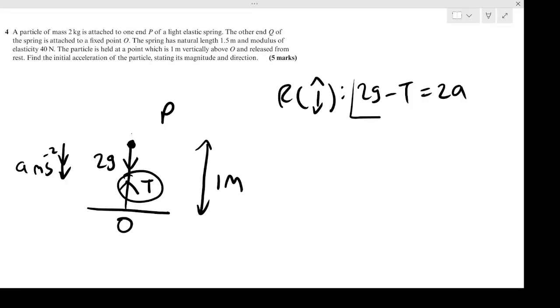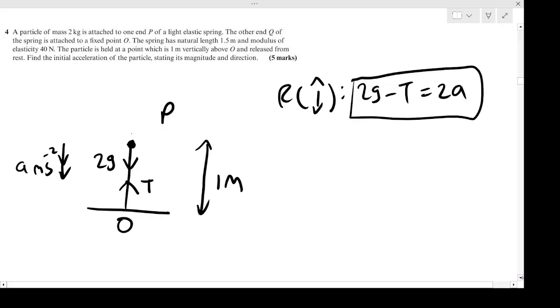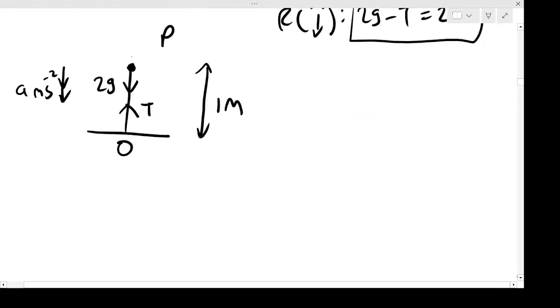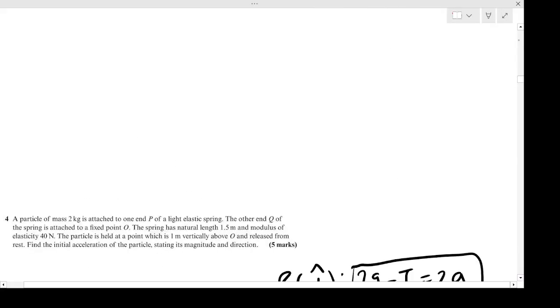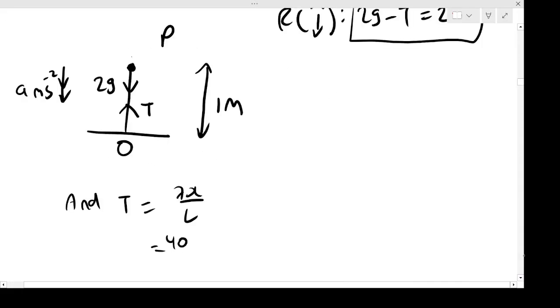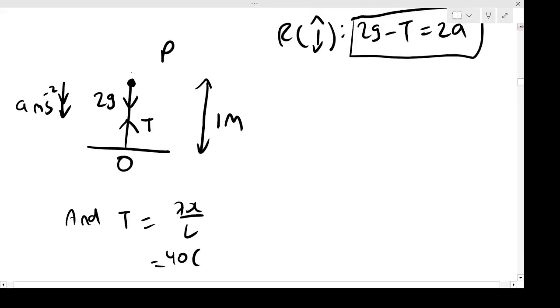So there we are. Now, of course, we can also find the tension. It'd be a thrust, wouldn't it? Because it's compression, I can find the thrust force T using Hooke's law, so lambda x over L. Well, firstly, lambda is 40, the modulus of elasticity, times the, well, it wouldn't be extension, it'd be compression, wouldn't it, in this case?